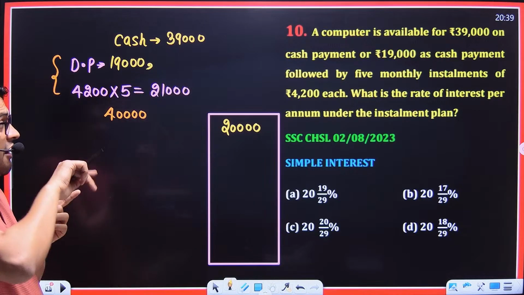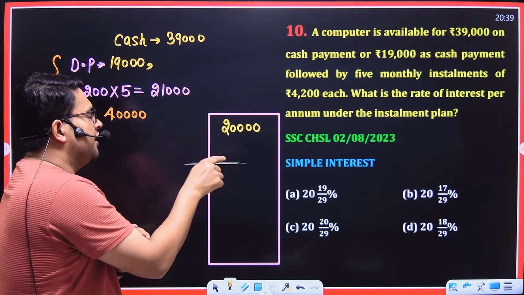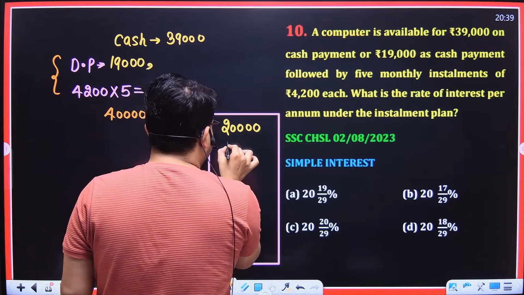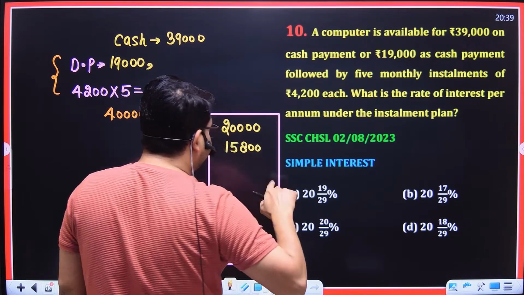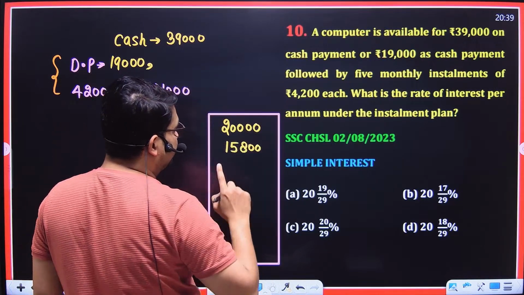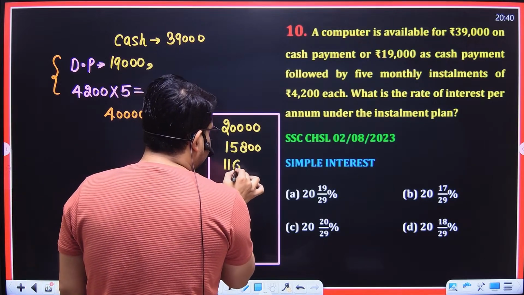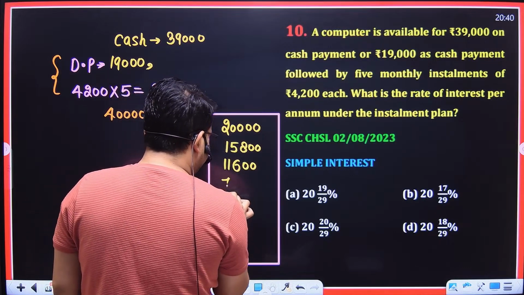After 1 month, you pay 4,200, so 4,200 is deducted from the principal amount. Then you have 15,800 debt on you. After the second month, you pay another 4,200, then you have 11,600 debt on you.